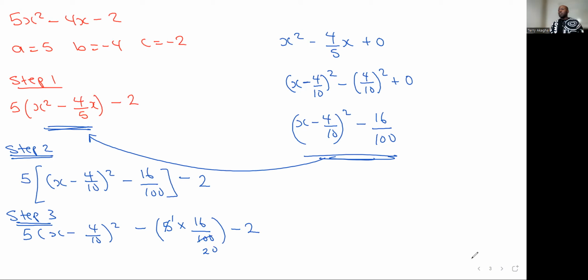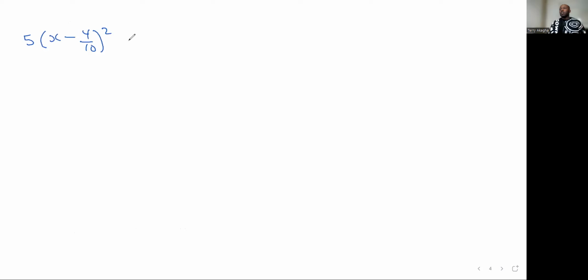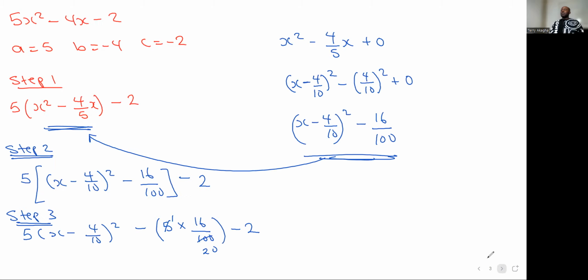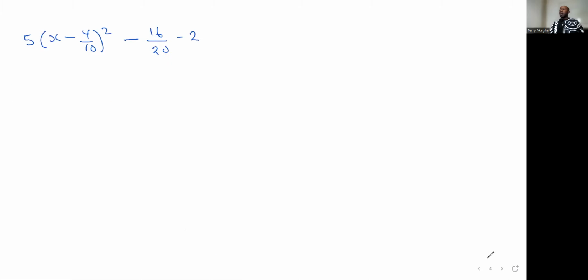That will give you minus 16 over 20, then minus 2. Then you press your calculator, minus 16 over 20 minus 2, that will give you minus 14 over 5. Then we have 5 times x minus 4 over 10 all squared. Now this is the what?